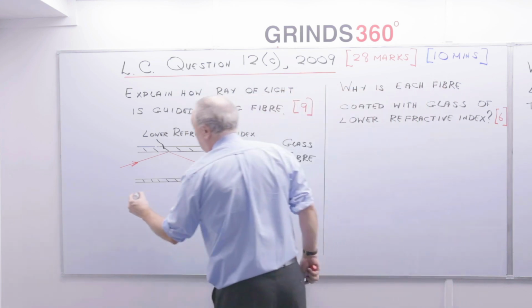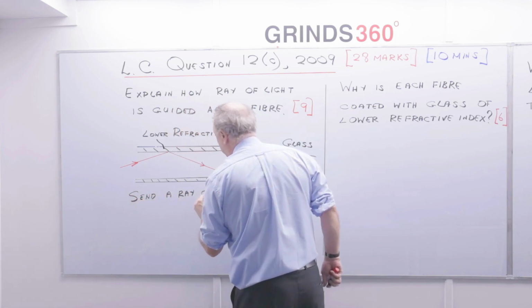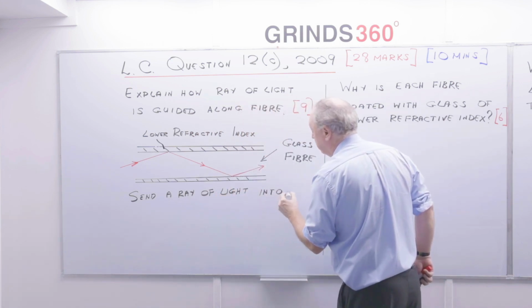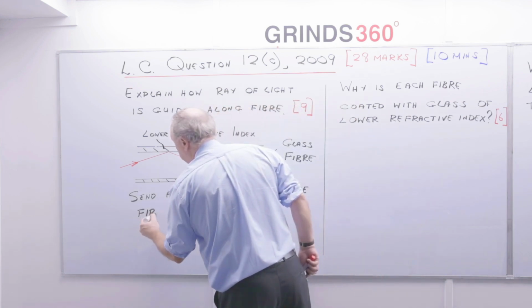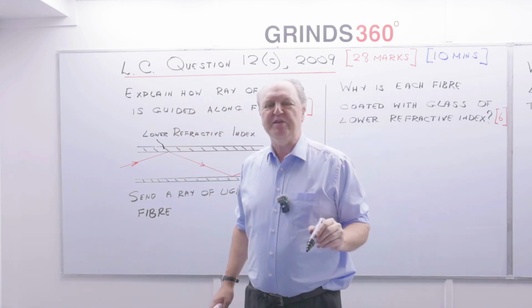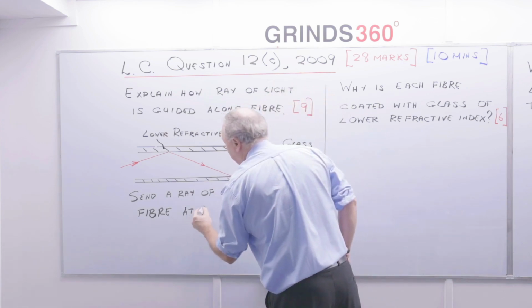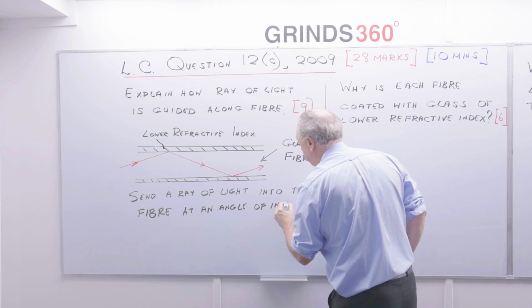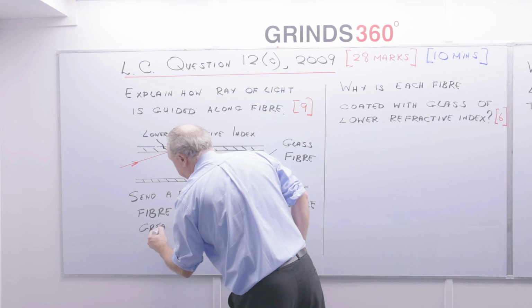So something like this: send a ray of light into the fiber, and this is important, I need to say this, at an angle of incidence greater than the critical angle. That's important.